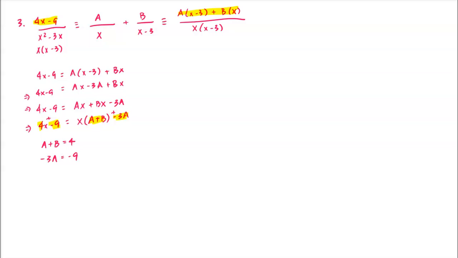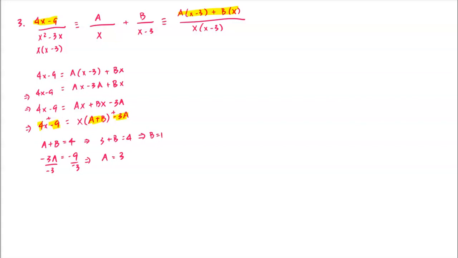We are adding negative integers, right? Okay, so divide both sides by negative 3, and this implies that a equals 3. Let's substitute it into the first equation. This implies that 3 + b = 4, which implies that b = 1.